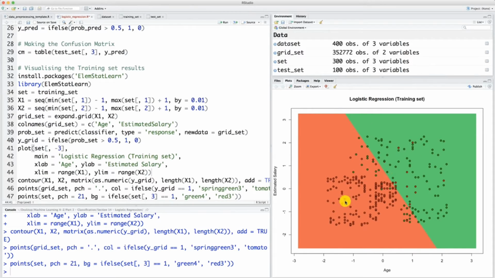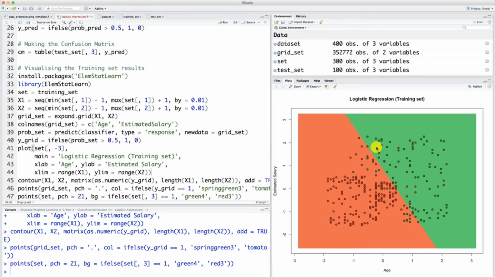For each user of the red prediction region, our logistic regression classifier predicts that the user doesn't buy the SUV, and for each user of the green prediction region, it predicts that the user buys the SUV, even if that's not the case in real life. That's just a prediction, what our classifier believes will happen. It is the classifier prediction compared to the truth: the point is the truth, and the region is the prediction.